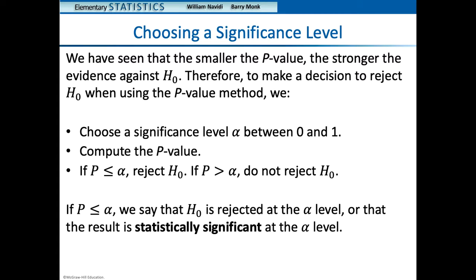Then we find the p-value, and if the p-value is less than or equal to alpha, we will reject the null hypothesis. If the p-value is greater than alpha, we will not reject the null hypothesis. If the p-value is less than or equal to alpha, we say that the null hypothesis is rejected at the alpha level, or that the result is statistically significant at the alpha level.